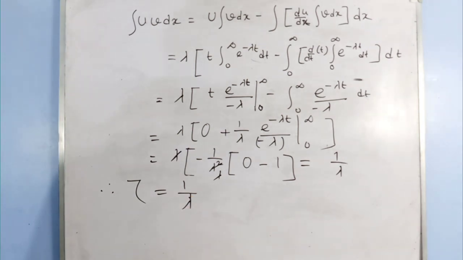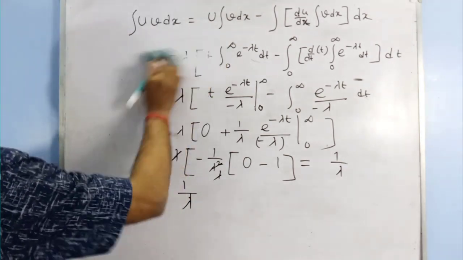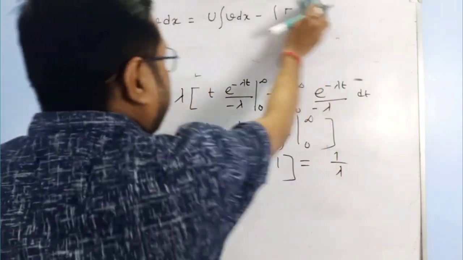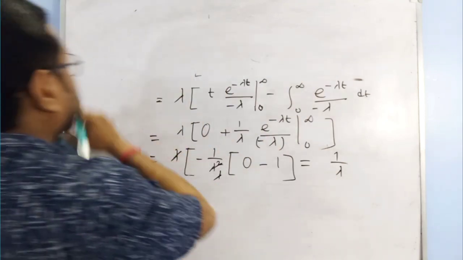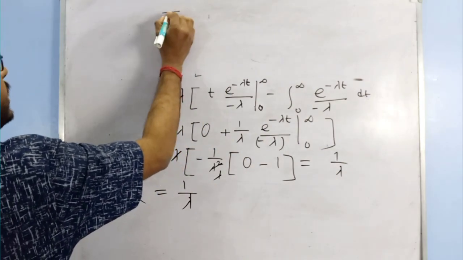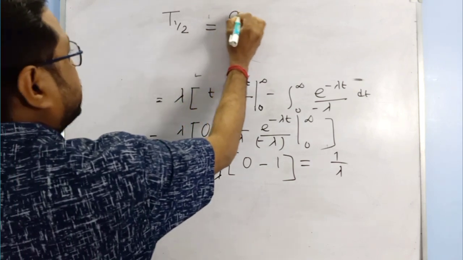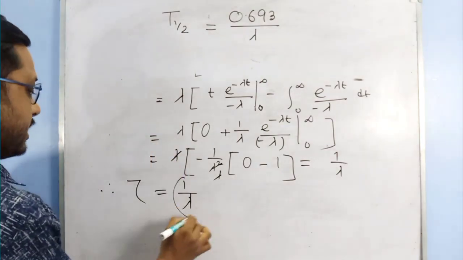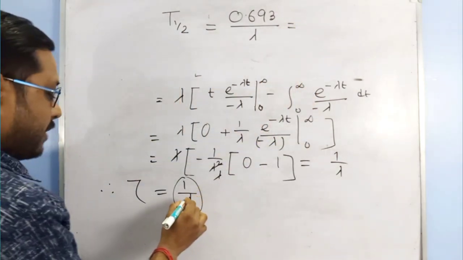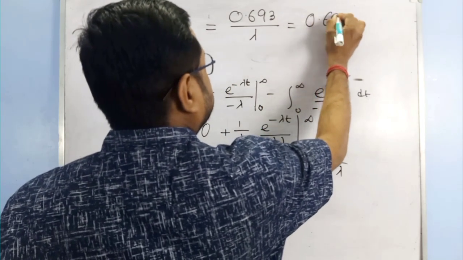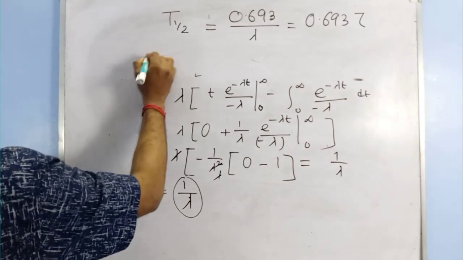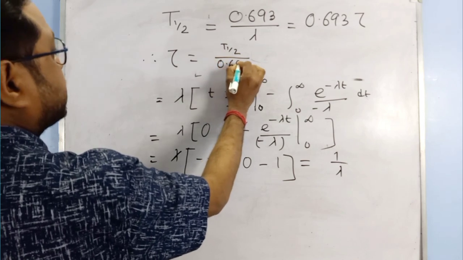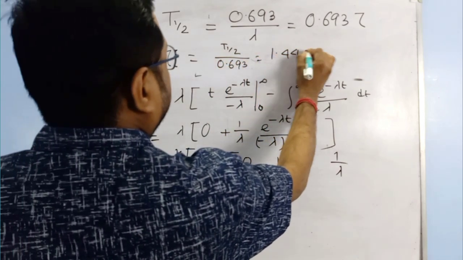Now if we write the relation between half life, decay constant and average life, what do we get? We got previously that the half life T half is 0.693 divided by lambda, and from this we can replace 1 by lambda with tau, so T half is 0.693 tau, or tau equals T half divided by 0.693, that is 1.44 T half.